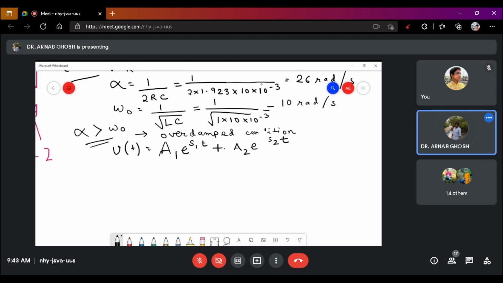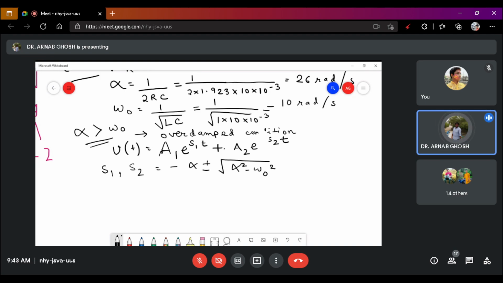Now next you have to calculate S1 and S2. So what is S1 and what is S2? You know this: minus alpha plus minus root over alpha square minus omega 0 square.